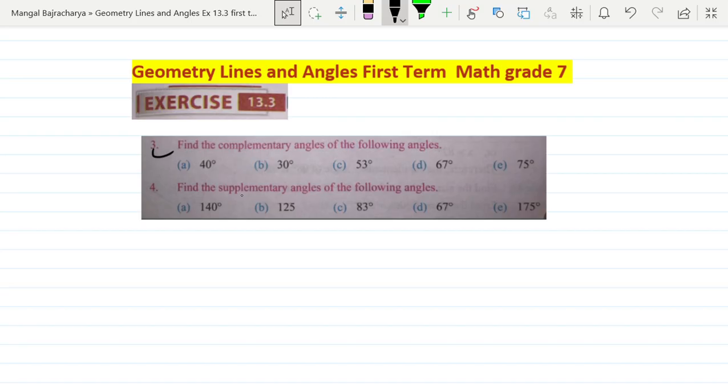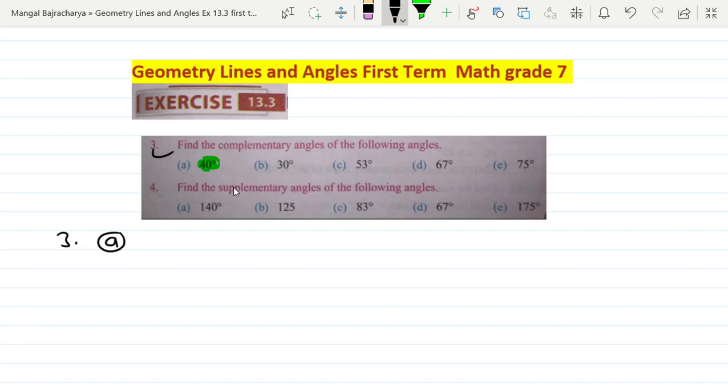To find the complementary angle of any given angle, you have to subtract that angle from 90 degrees. So to find the complementary angle of this 40 degrees, you have to subtract this angle from 90 degrees. This one I'll do, number A of this three.